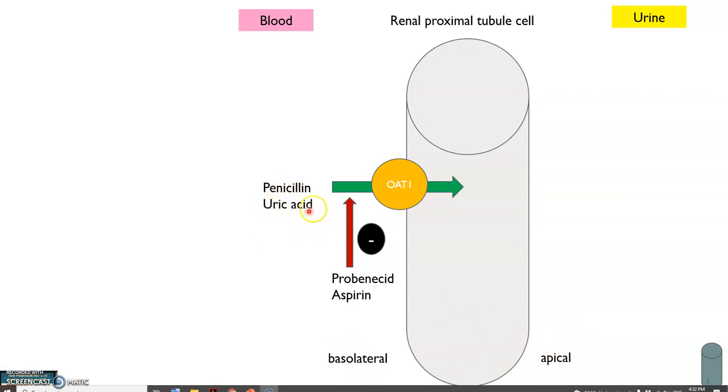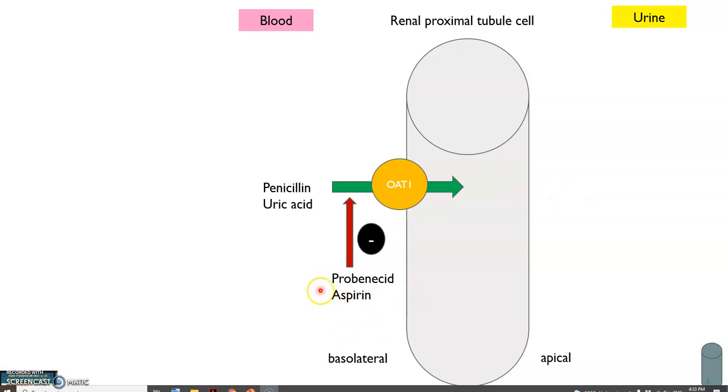So penicillin and uric acid will compete, and they both can be secreted here. They can be transported via the OAT1, the organic acid transporter system. So it can move this inside here and goes to the urine.